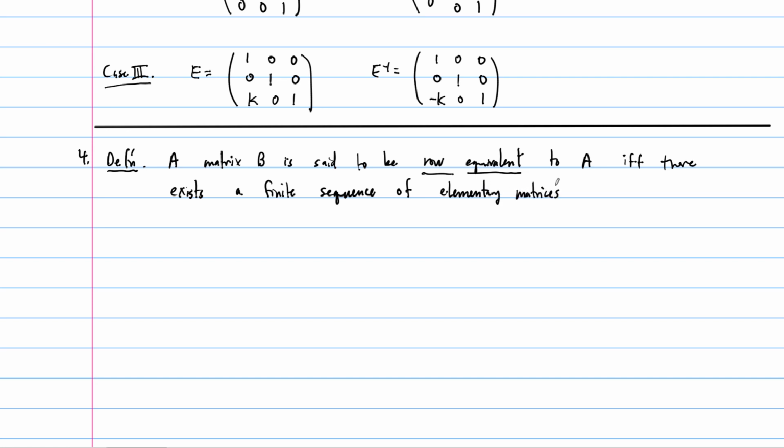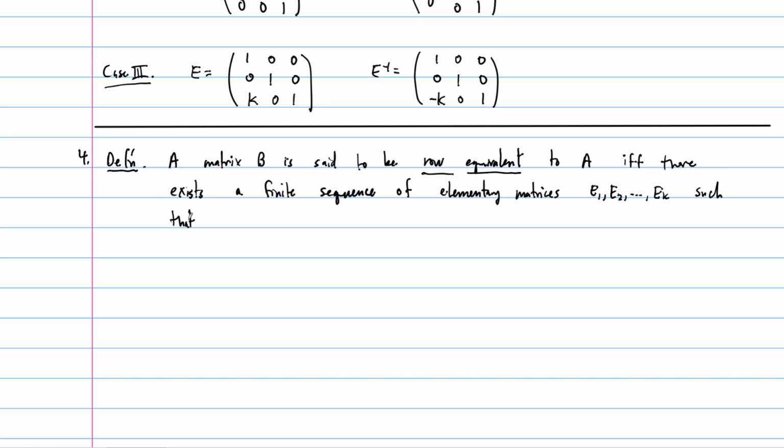The dimensions have to match up in a certain way. I'll write an example here in a moment. These matrices will be like E1, E2, all the way up through EK. There's finitely many, so we can write down a final one. And these have to obey the following property.